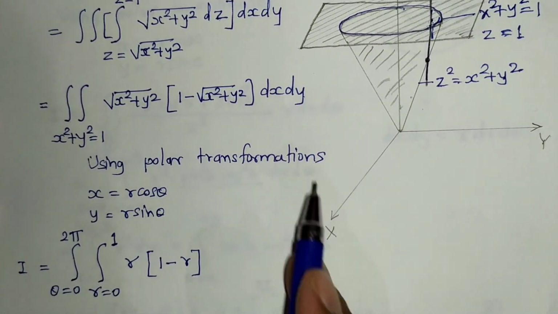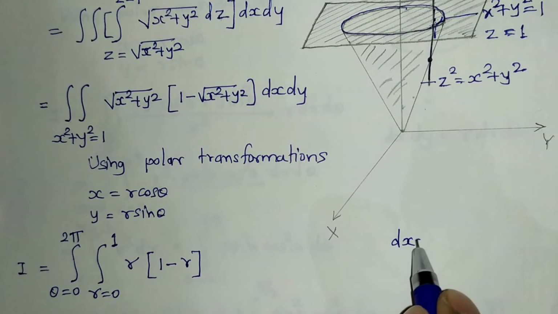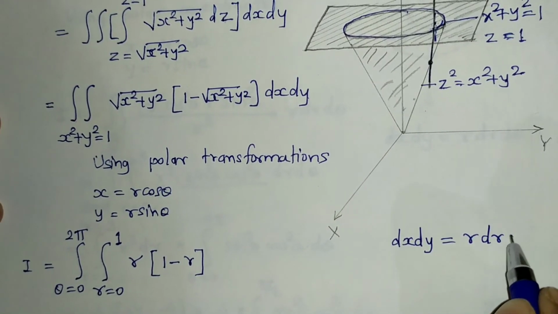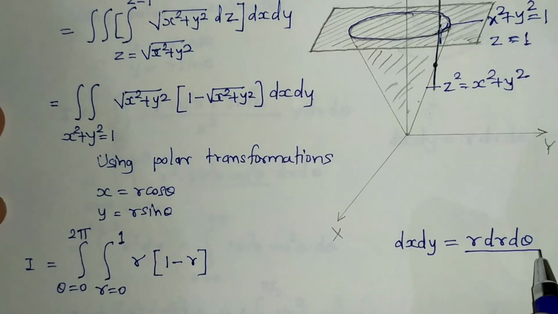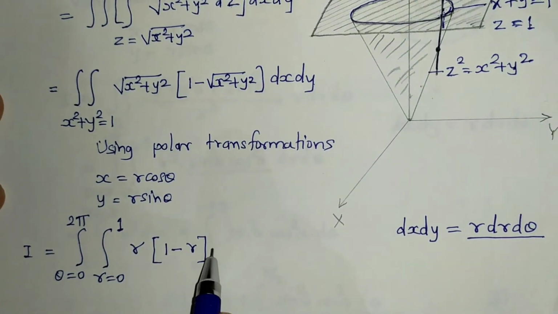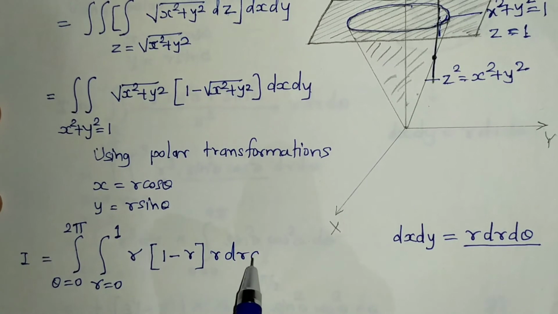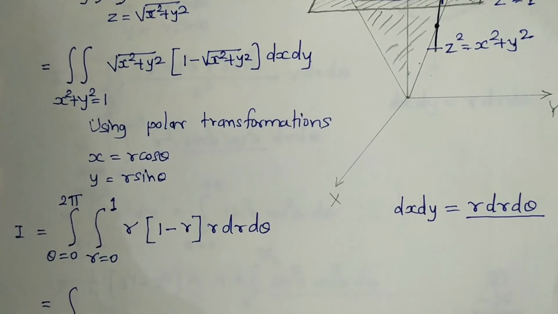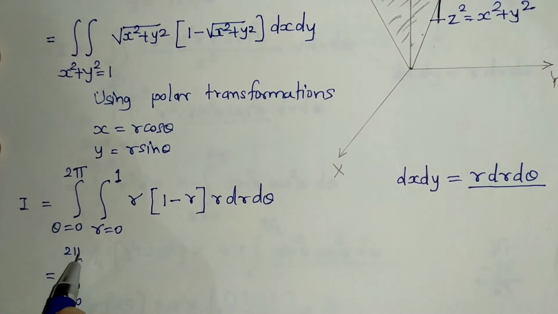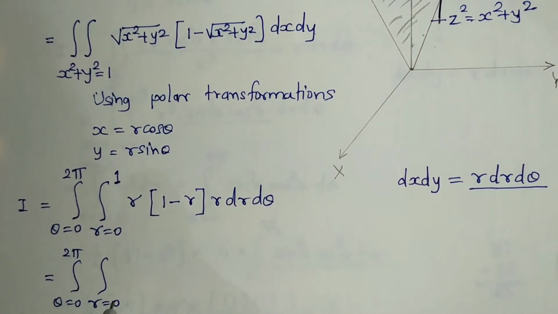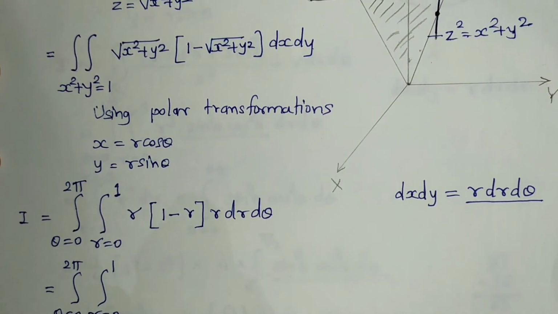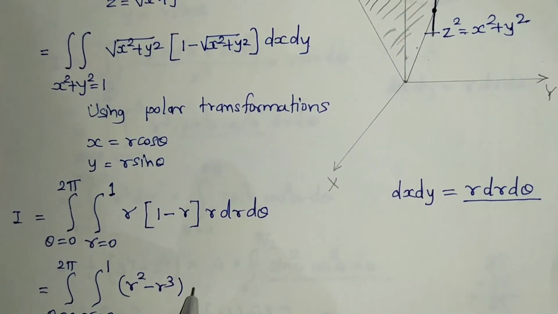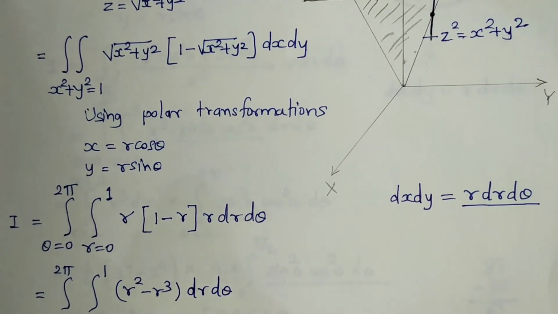And what about dx dy? dx dy is the area element in Cartesian form, so it is replaced by r dr d theta. Remember that this is the area element in polar form. Therefore theta changes from 0 to 2 pi, r changes from 0 to 1. Now simplify this: it is r square minus r cube into dr d theta.